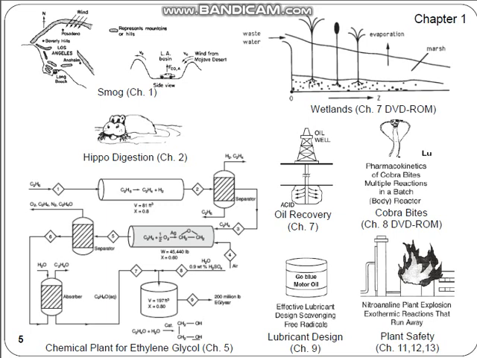So here you can see a very basic example where we have a hippo digestion. The hippo is going to eat, and then its body acts like a digestion or a reactor, and it then digests, and finally we have the product.